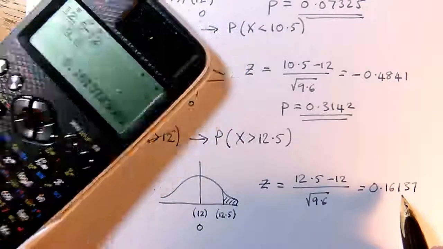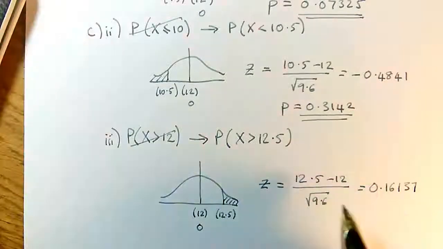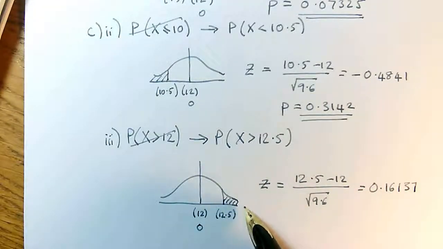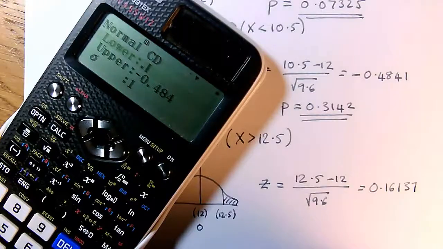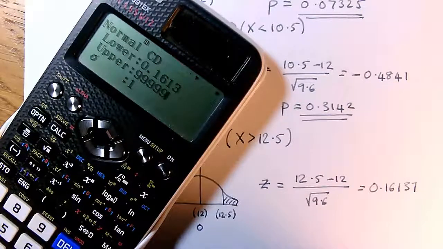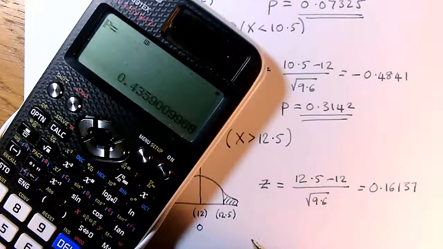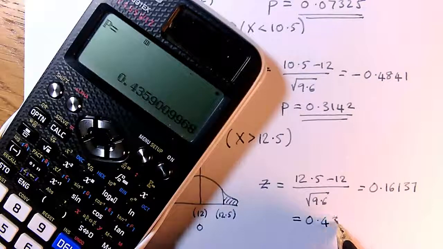I'm going to be using that as my lower this time, and my upper is going to be 9999, so put that value in as the lower, and change my upper to 9999. Okay, I'm clearly expecting a probability of less than a half, which is just as well, because that's what I get. I get 0.4359, double underline it, that's my answer.